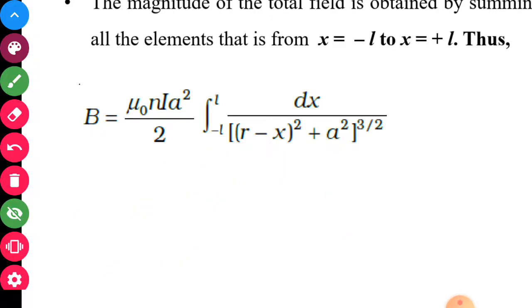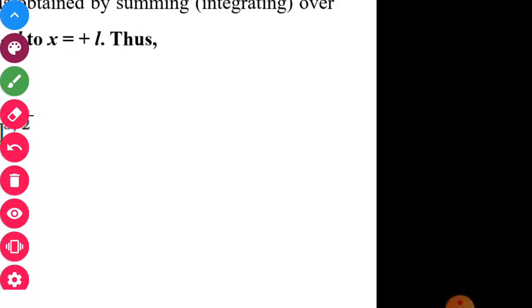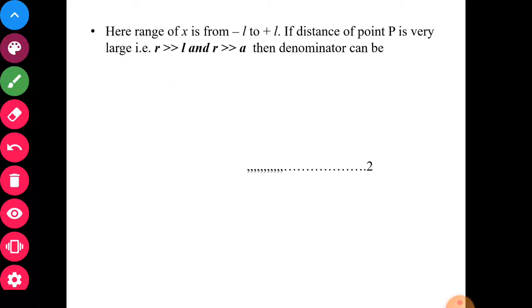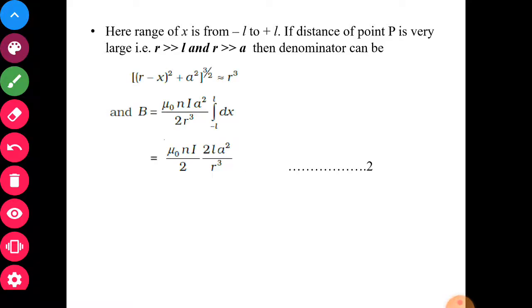Okay, so by applying these conditions, we can neglect the value of x and a. Here r is greater than L, r is greater than a, so we neglect those values. x is also very small, smaller than L. Try to understand, x is smaller than L, so it must be very small in comparison to r, so we neglect the values which I have tried to explain.